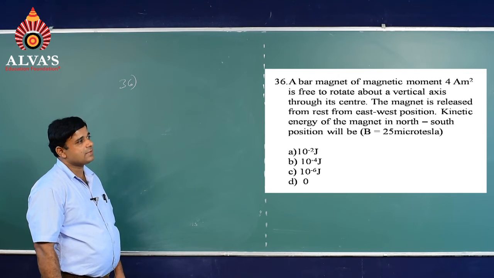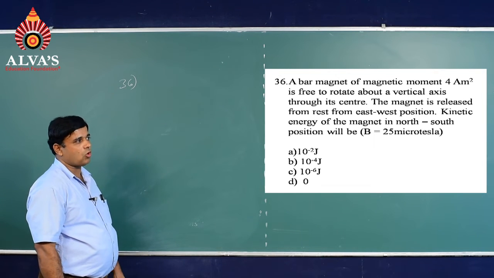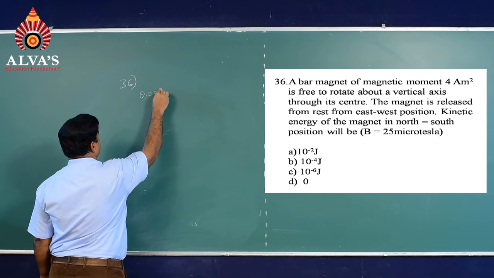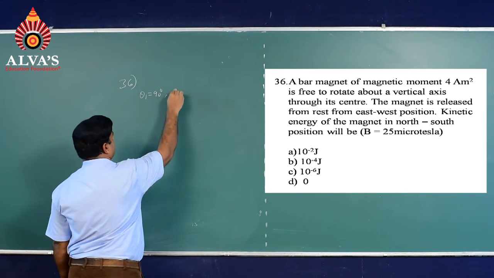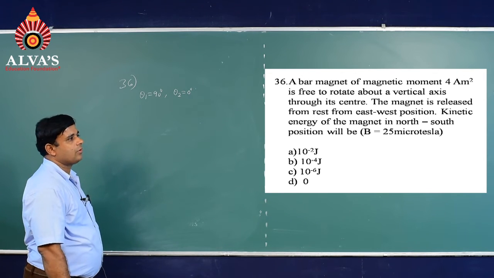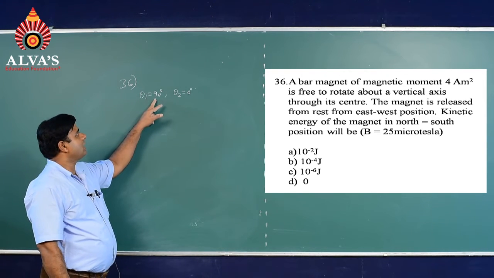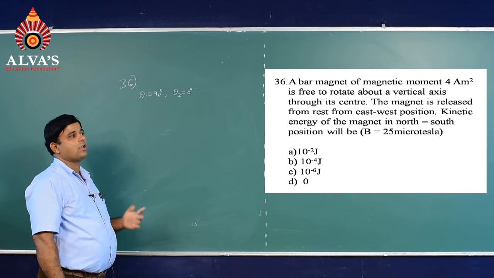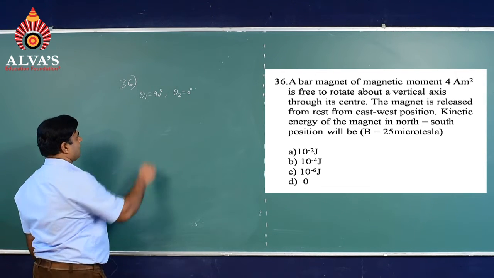Initially it is along the east west direction, while the magnetic field is along the north south direction, so it makes an angle of 90 degrees, theta 1 is 90 degrees. Finally, it should be turned to the north south direction where theta becomes equal to 0 degrees. So, the angle made by the bar magnet with the existing field is initially 90 degrees, finally 0 degrees. You have to calculate the kinetic energy of the magnet when it turns from east west position to north south position.